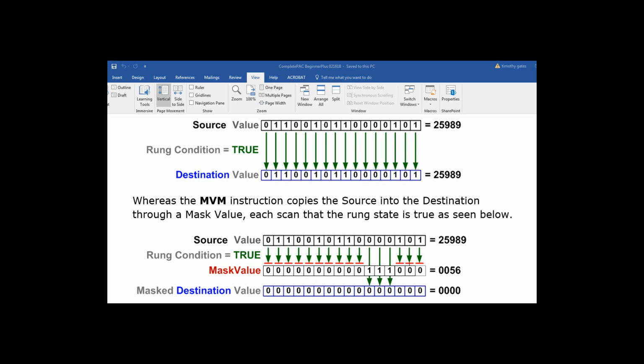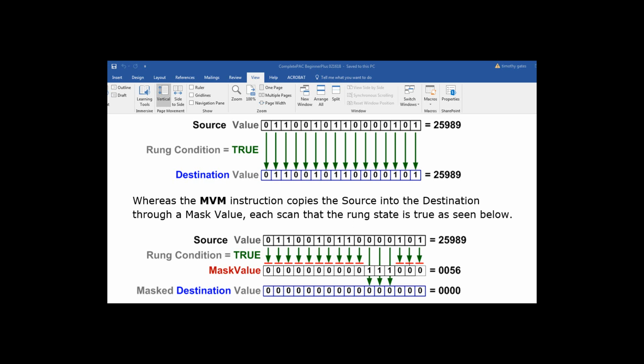Rather than just have bit patterns, I've converted it to decimal because it's too difficult to compare 2 bit patterns without going bit by bit. So the upper illustration would be a regular move instruction moving the bit pattern that represents decimal 25,989 from the source to the destination.